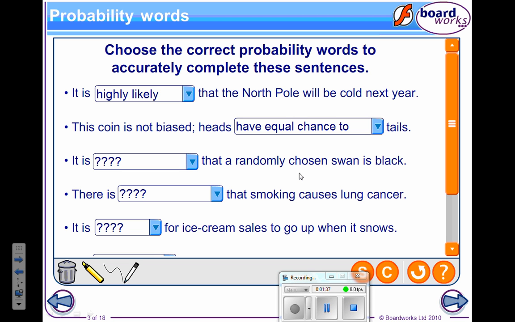Now I'm going to give you other words for you to complete. I will show you the words and then you can write them down. It is improbable, almost certain, impossible that a randomly chosen swan is black. Please write down the right word.